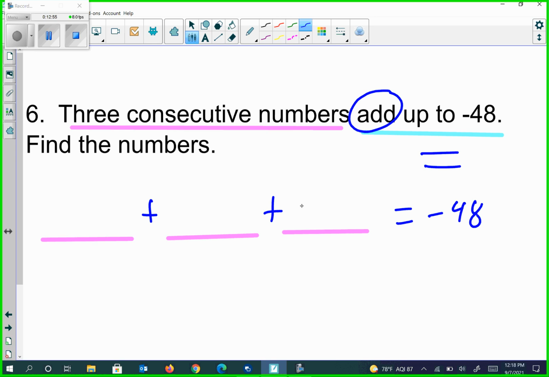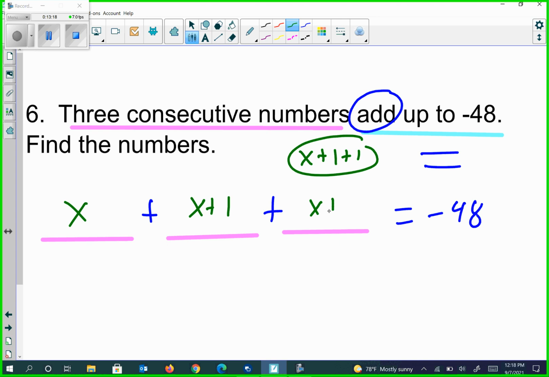So those 3 blanks are somehow going to add up to negative 48. And this is what we have to know. If the first number is x, what number do I have to add to get to the next number? X plus 1. And then x plus 1 plus 1, or x plus 2.